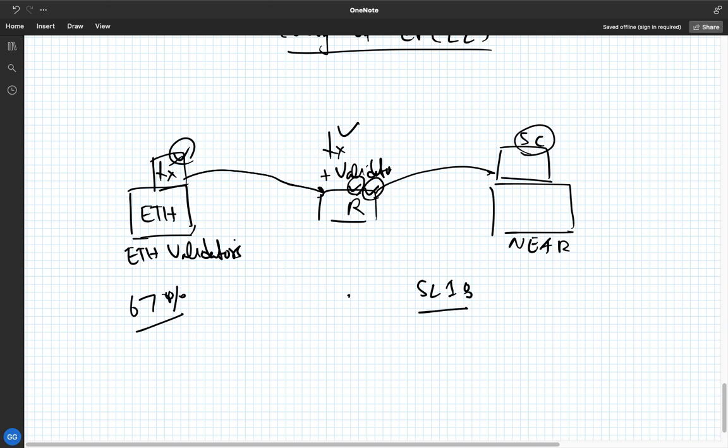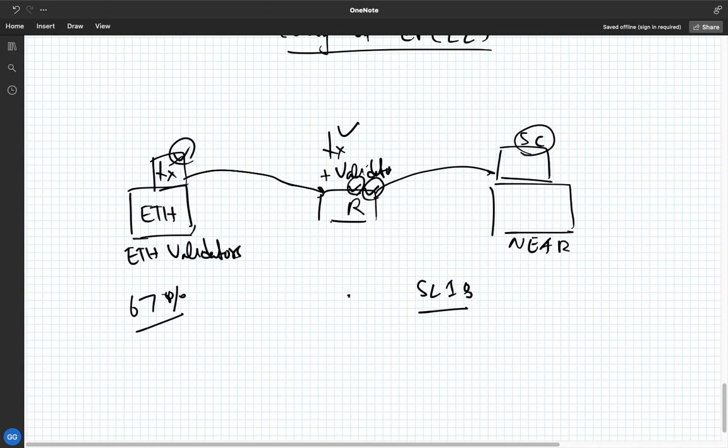right? What do we mean by that? So basically now, if an attacker wants to send an invalid transaction across this bridge, they would need to convince 67% of the Ethereum mainnet validators to sign off on a fake transaction and send that across the bridge, right?